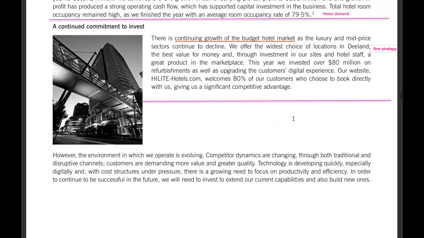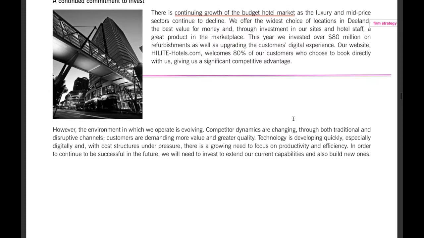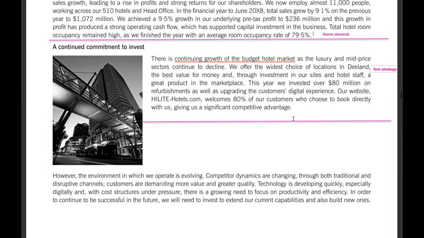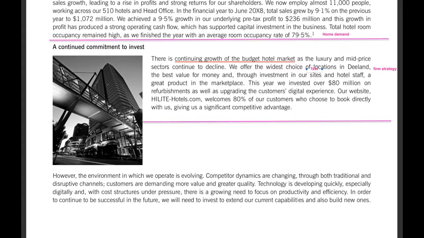Okay, so you can talk about rivalry here, all right? How the competition is, comparing them to others. Competition among the budget hotels is actually good, all right?